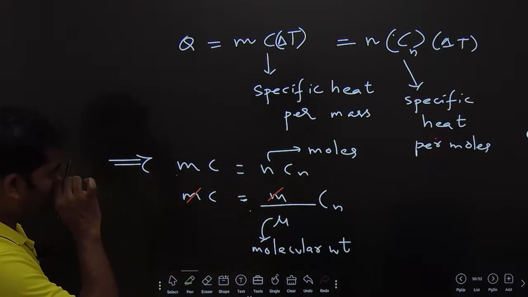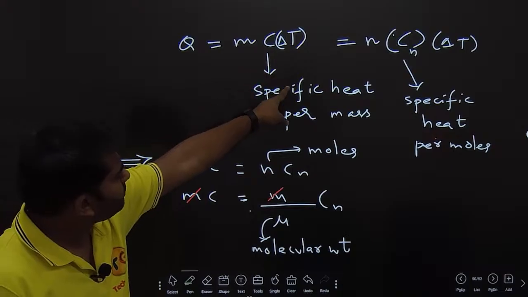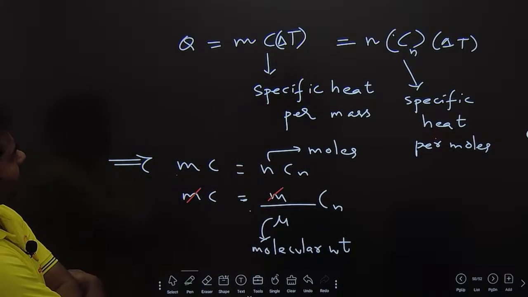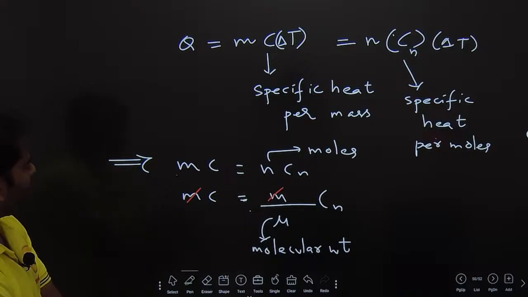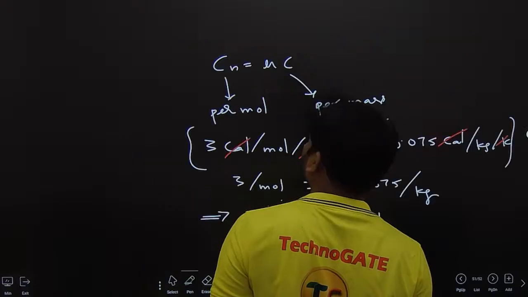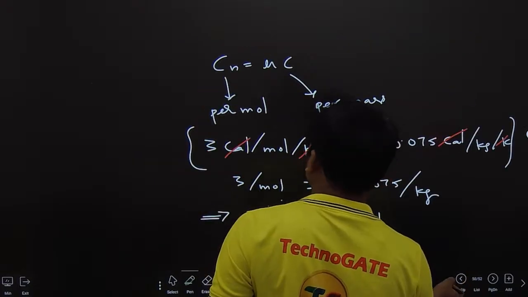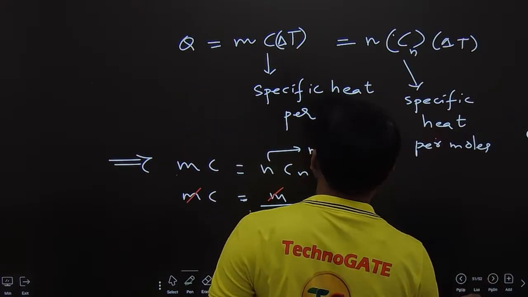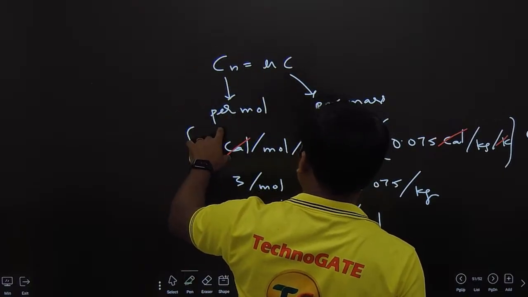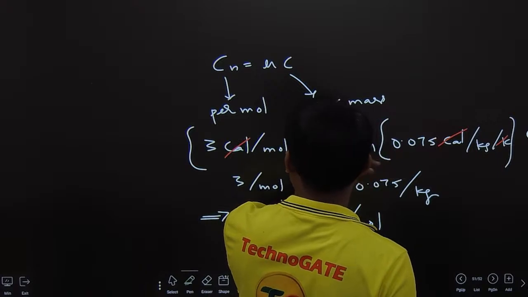So they gave this one here, mc, which is mass, and that for moles. So we are getting m into c, and the number of moles is nothing but mass by molecular weight. So Cn is equal to mu c. Cn is equal to mu c per mole, which is 3 mu into 0.075.